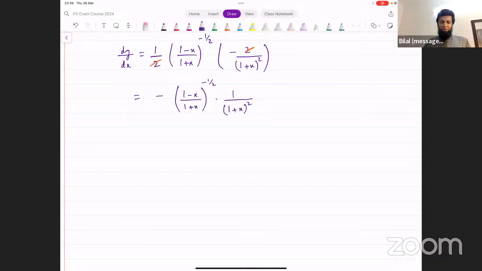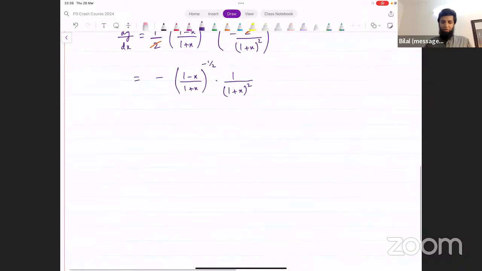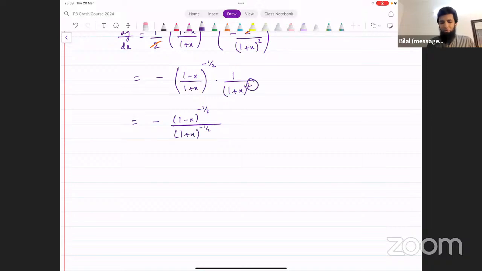Now you could try simplifying this a bit. How do you do that? You could say it's 1 minus x whole power minus 1 over 2. In the denominator, this is 1 plus x. So you essentially have 1 plus x whole power minus 1 over 2, and you have power 2 here.